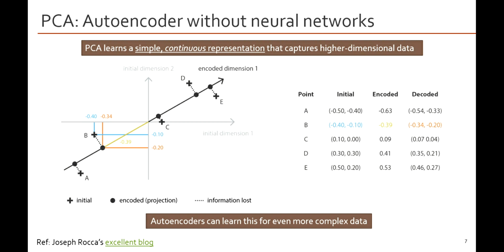I can place points along that line that are optimally close to the original data. And here I can take that point and decode it back to a two-dimensional point in the original space, and if I pick my slope and intercept right, I can make them optimally close to the original data.